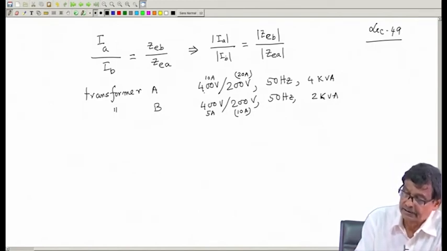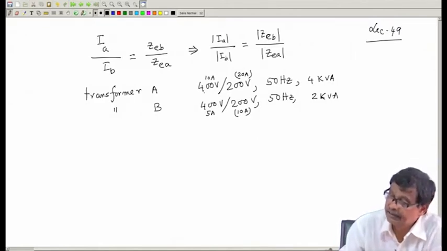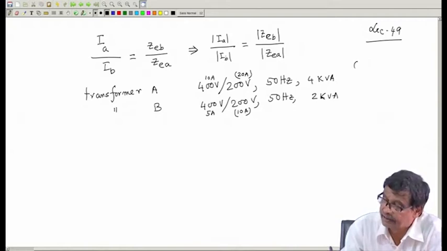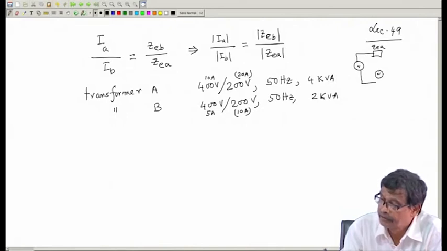We have connected the secondary side, 200 volt side, in parallel. So this is the circuit: this is one voltage source, ZEA, this is another voltage source on the secondary side, ZEB, and these two are in parallel, Z2.